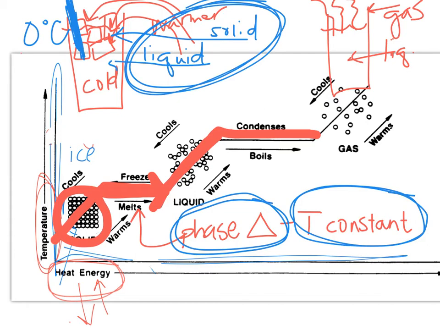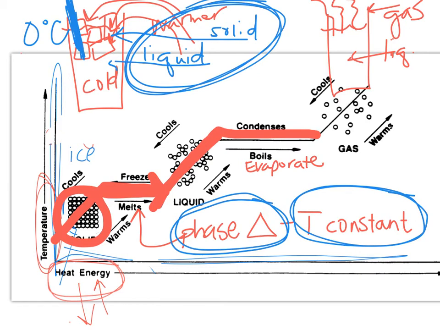So it's not just boils. You could also add the word evaporate underneath the word boils. But again, because I know that water boils or evaporates at 100 degrees, I know those molecules at the surface are warm enough to escape into the gas phase.